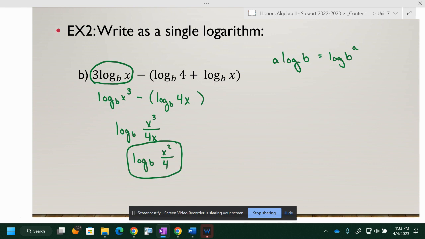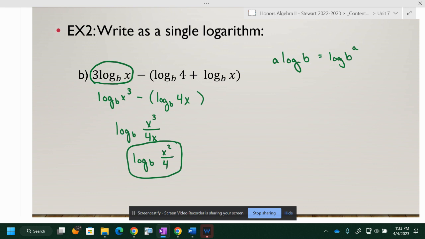Okay. So addition means multiplication. Subtraction means division. And if you have any number in front, it can be changed into an exponent. Or vice versa, if you have an exponent, it can be moved out front. Why is 4x the denominator?